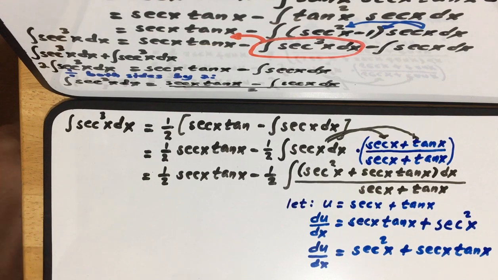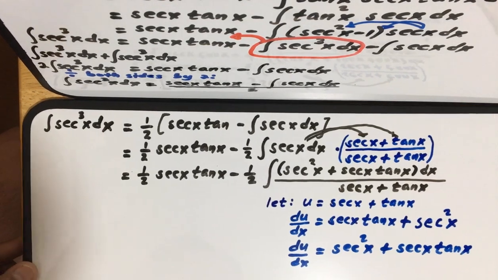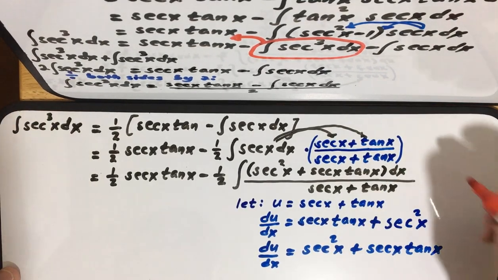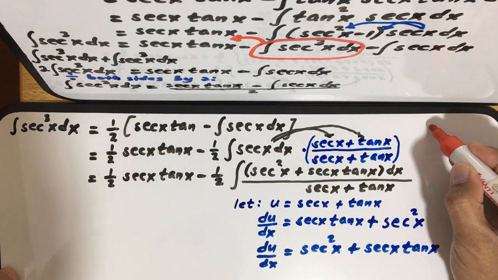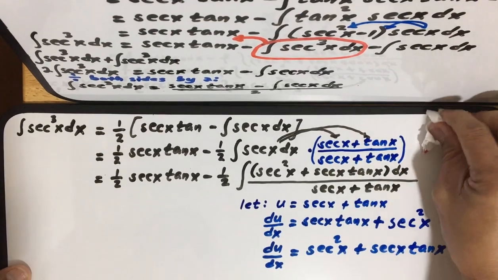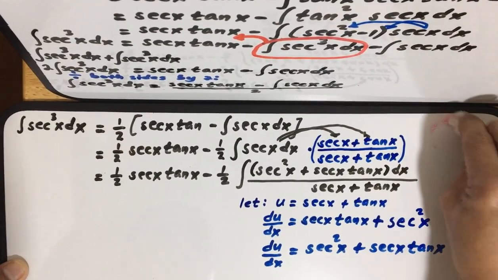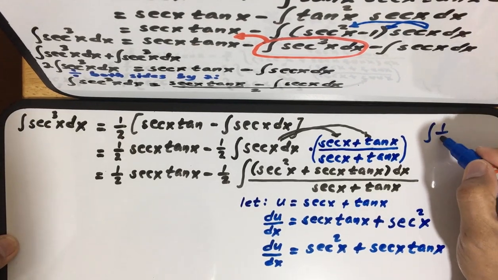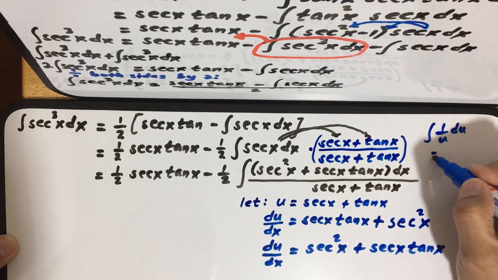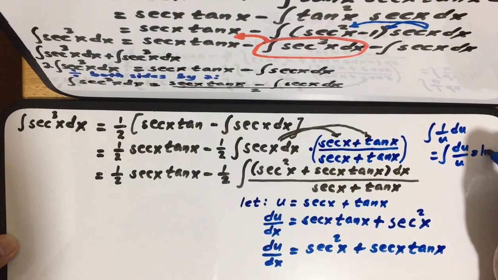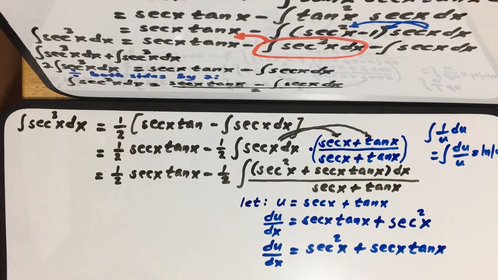If you can still remember from our discussion before, we have a rule that if you have the integral of 1 over u du, which is equal to the integral of du over u, this is equal to ln u plus c. So we have to make use of that formula, class.